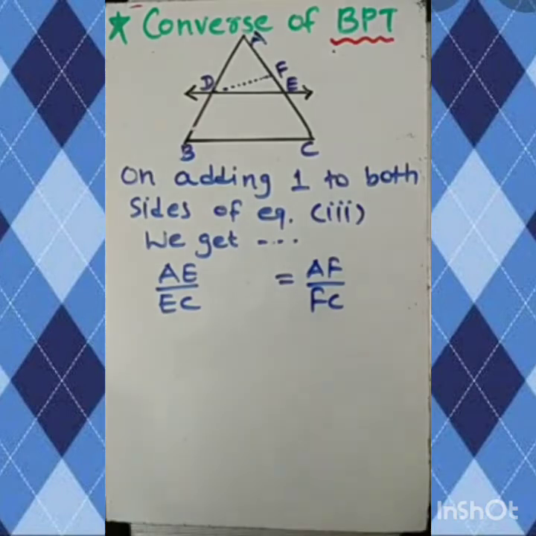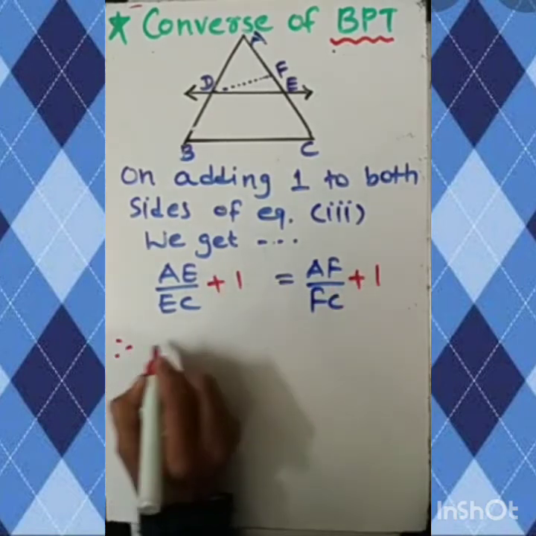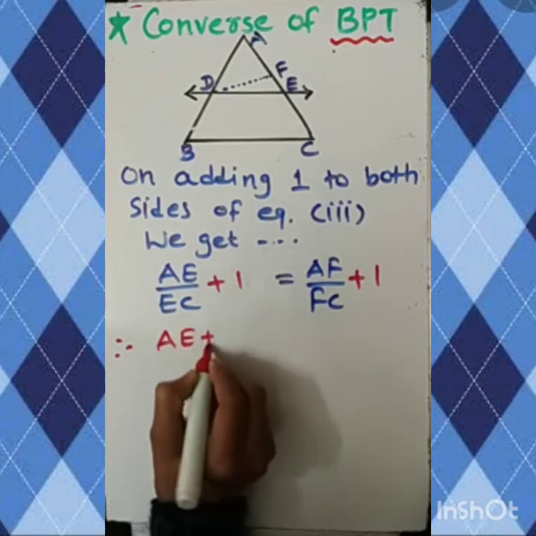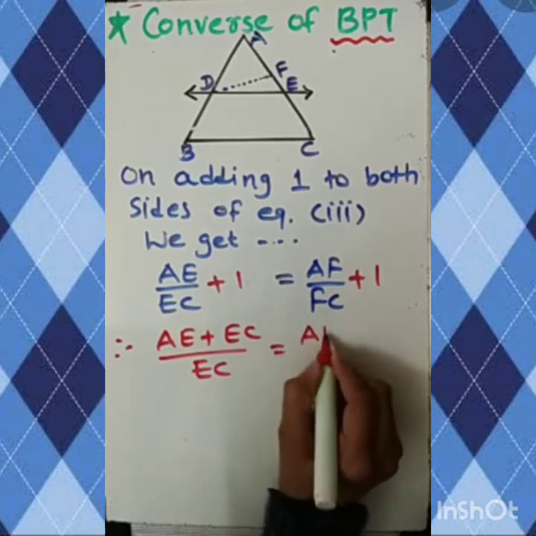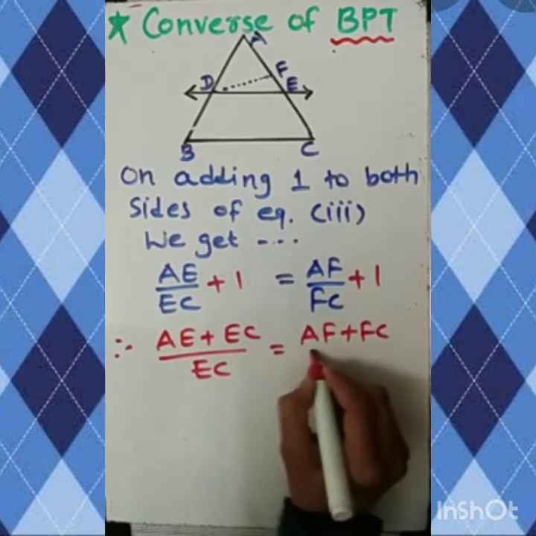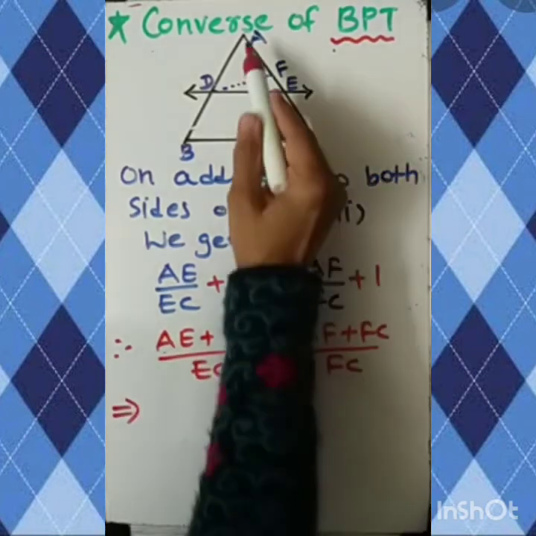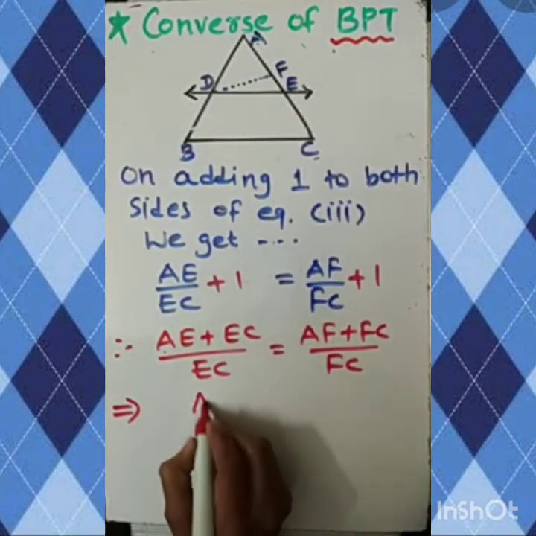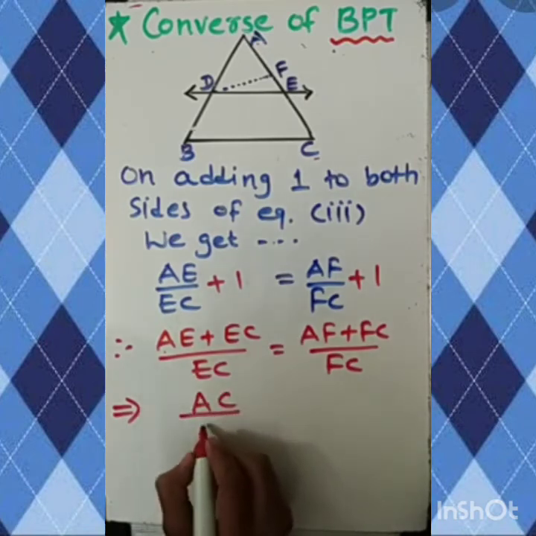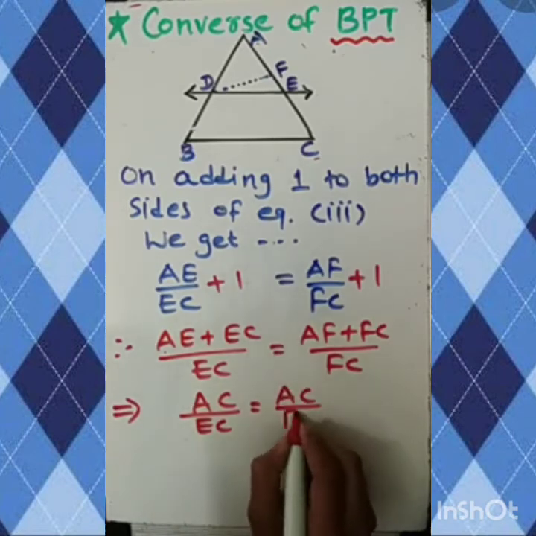Adding plus 1 on both sides and taking LCM, we have AE plus EC upon EC equal to AF plus FC upon FC. AE and EC combined give AC, so AC upon EC is equal to AC upon FC.